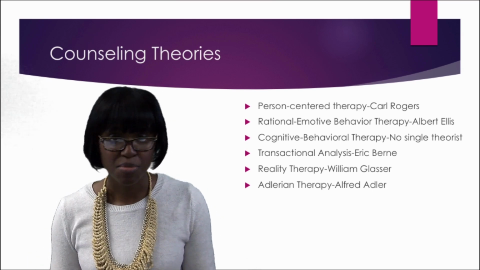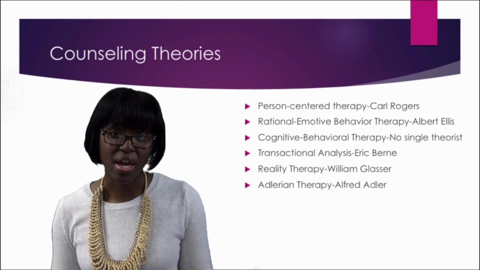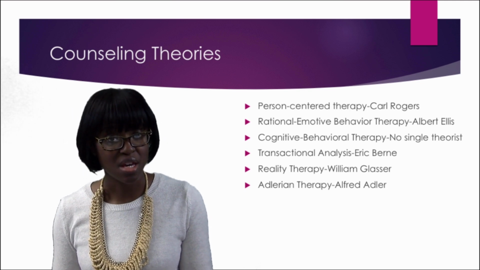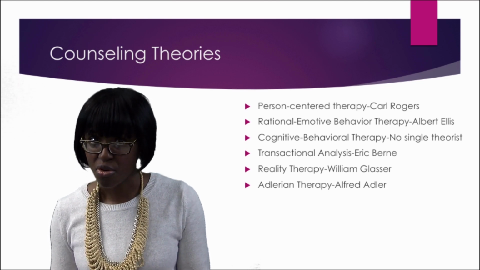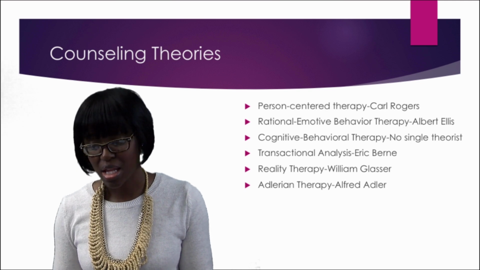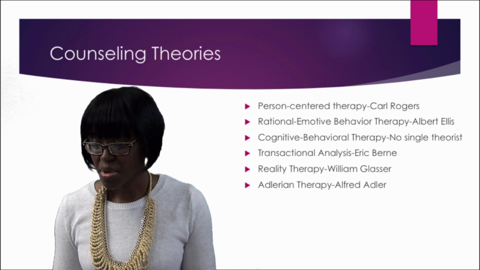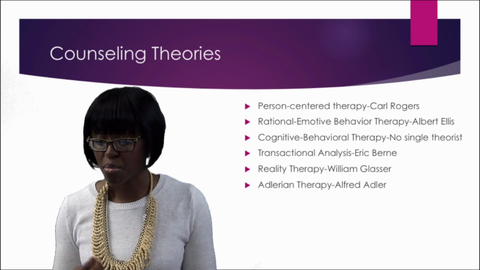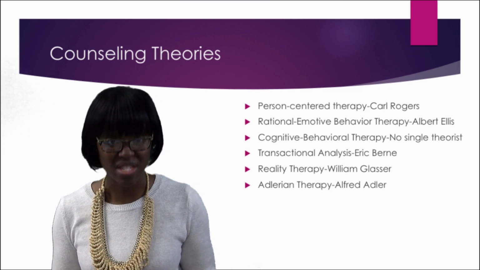Okay. The next approach is rational emotive behavior therapy, and the main theorist associated with that is Alfred Adler. Now the ABC model of REBT, as you may see it broken down, which stands for Rational Emotive Behavior Therapy, holds that clients mistake the event, called A, for the source of their emotional and behavior consequence, which is C. Between the event and their emotional and behavior consequences is their belief system.